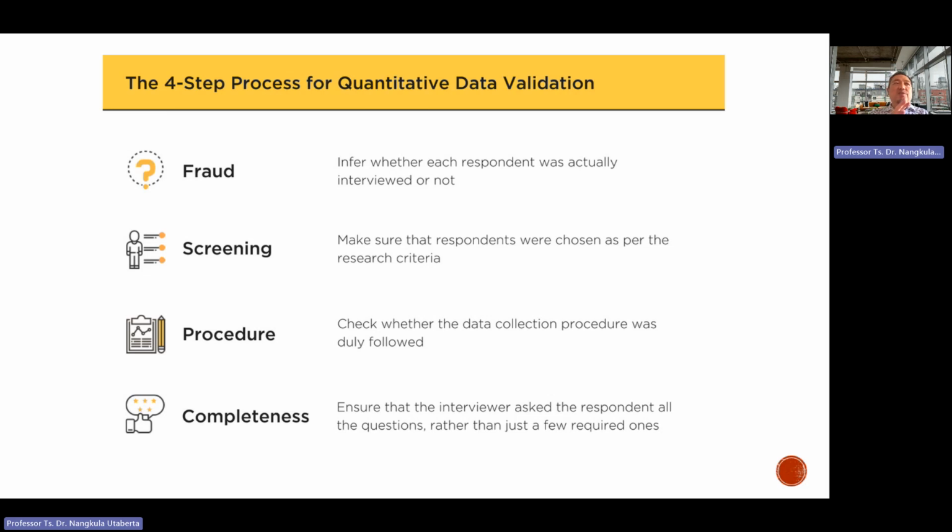When you don't do the cooling process, it's going to be very difficult to ensure that your data is valid. And then, of course, you need to finish everything. You cannot just do one part and not finish the whole process. So with this process of validation, you finish the whole process of quantitative data research.